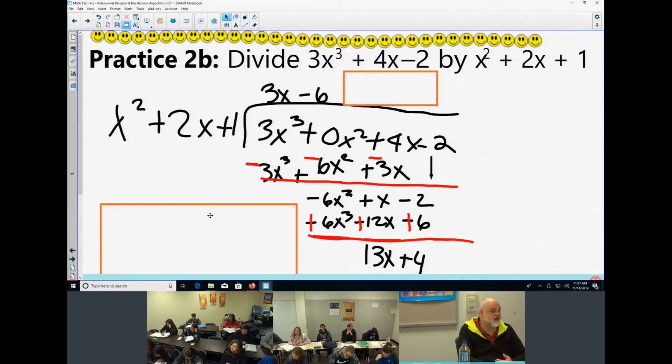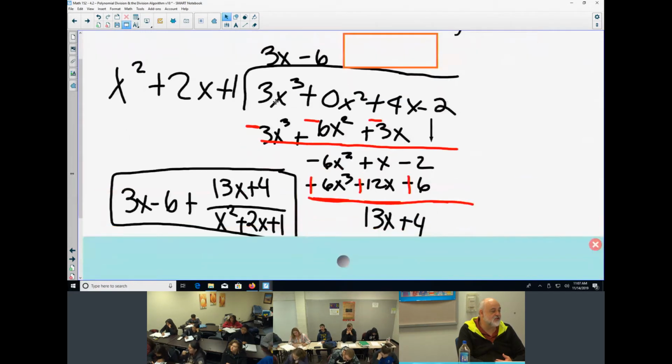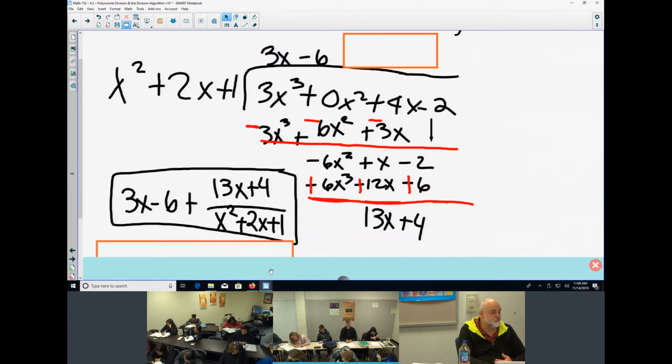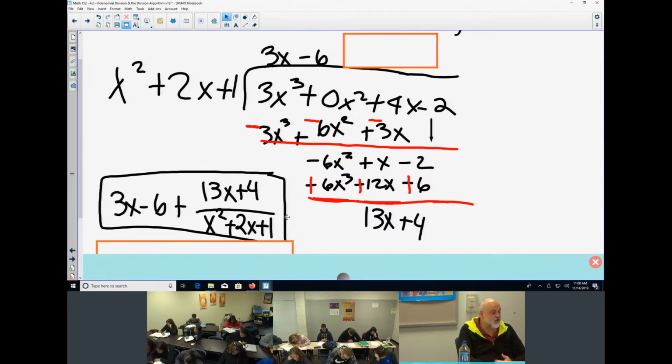So the final answer should be written like this: 3x minus 6 plus, and then the remainder, 13x plus 4, over the divisor, x squared plus 2x plus 1. Okay, thank you. That makes sense. You bet. Any questions on that?